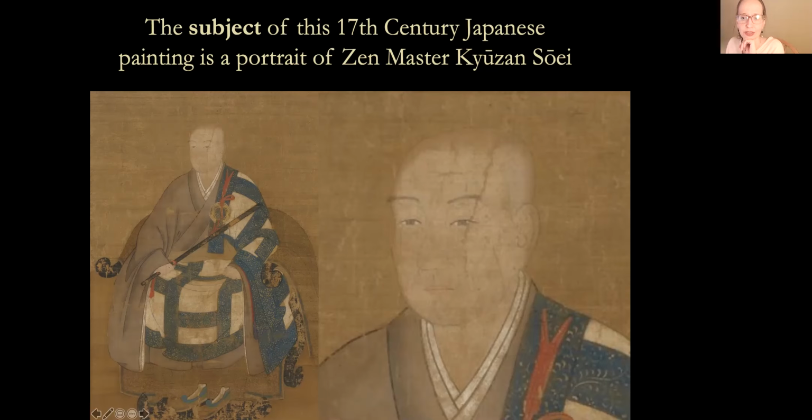So the image of the Zen master is an example of what we call a Shinso portrait, where naturalistic facial details reflect their attainment of enlightenment.